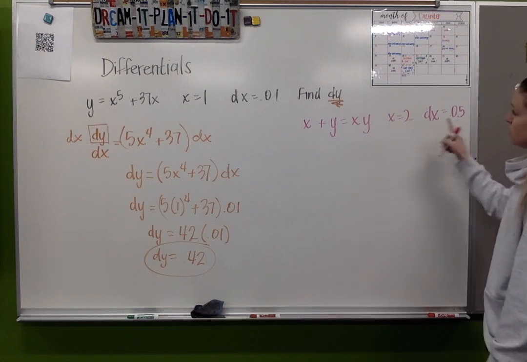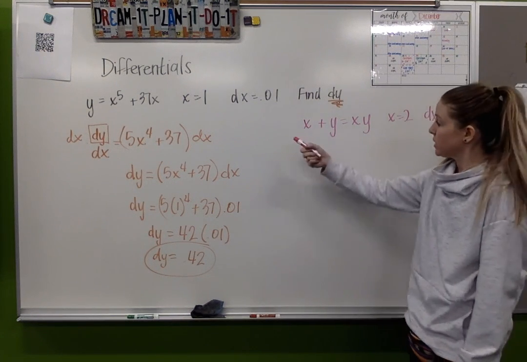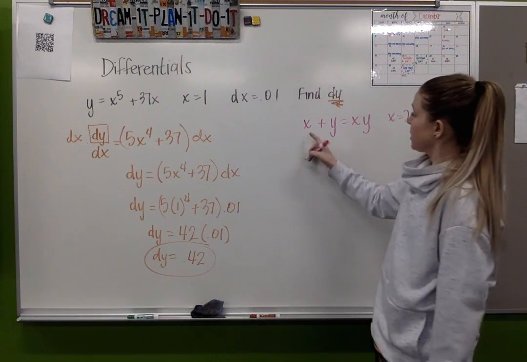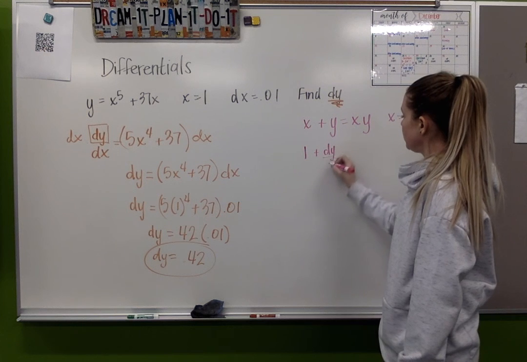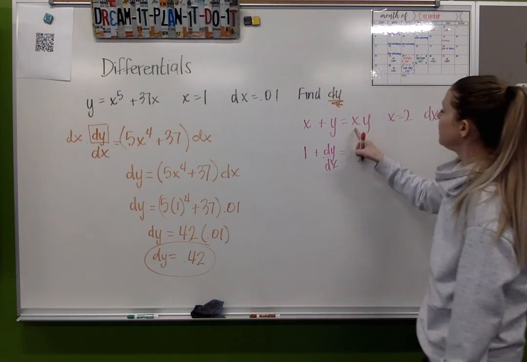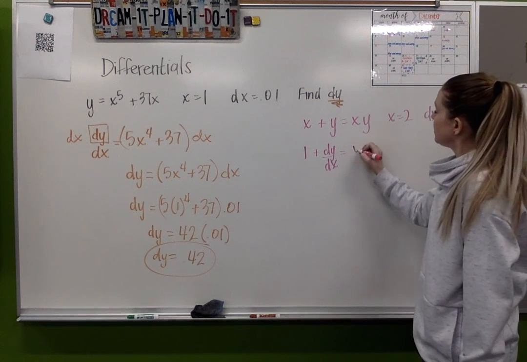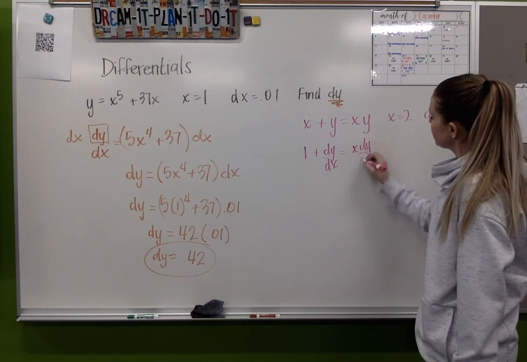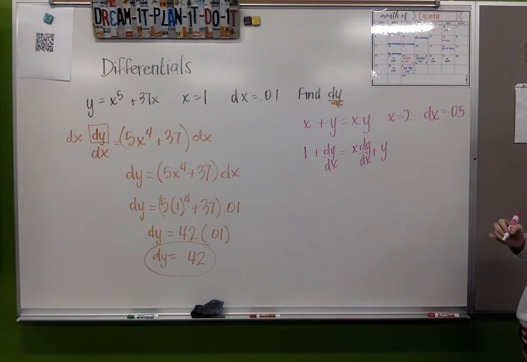So, using that implicit differentiation, which we learned last time, we're going to take the derivative. So I'm going to get the derivative of x, which is 1. Derivative of y is 1 dy dx. X times y, I've got a left d right plus right d left.